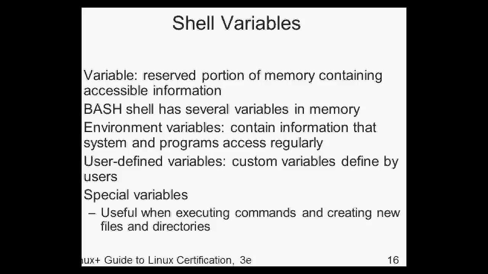The environment variables are information that the systems and the programs access regularly. For instance, environment variables would be what is the desktop environment, GNOME, or perhaps what is the language used for the system. There are also user-defined variables.